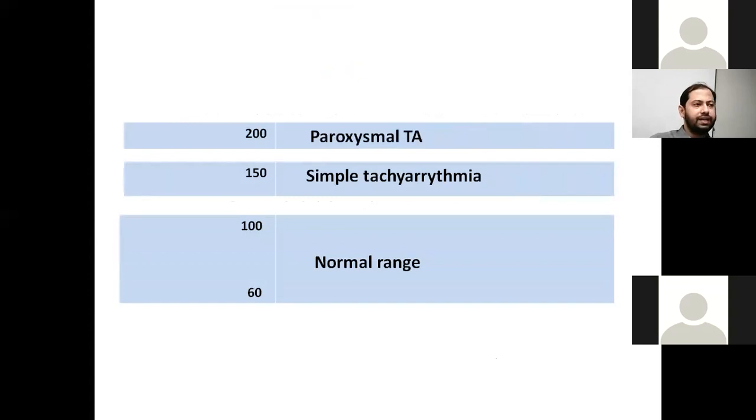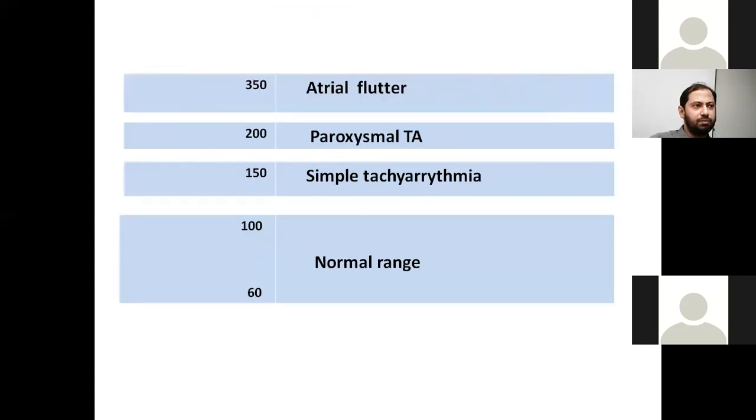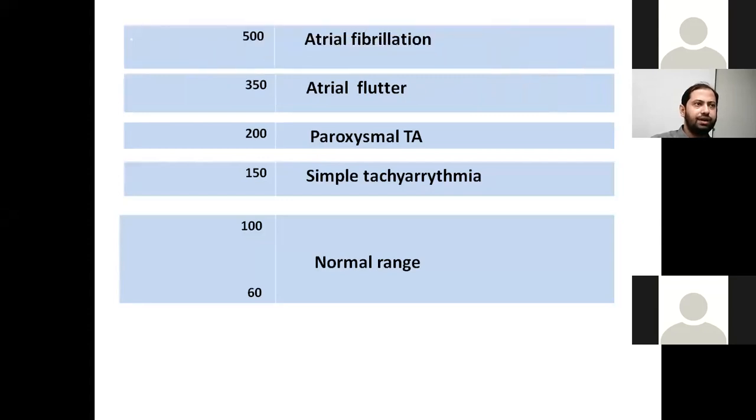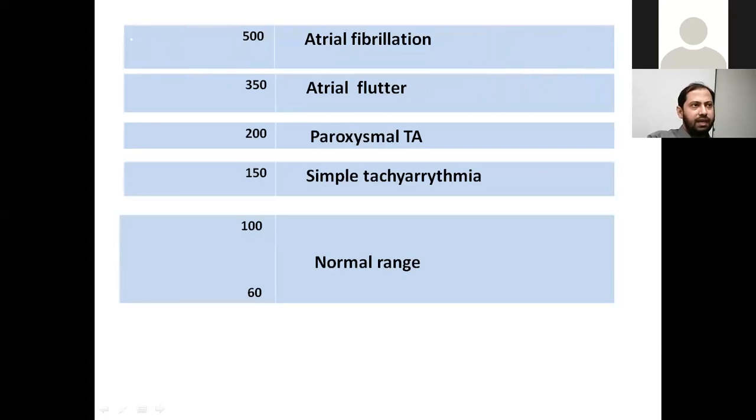And if the heart rate is about 200 beats per minute, we will label this as paroxysmal tachyarrhythmia. If the heart rate is around 350 beats per minute, we will label this as atrial flutter. And if the heart rate is around 500, we will label this as atrial fibrillation.